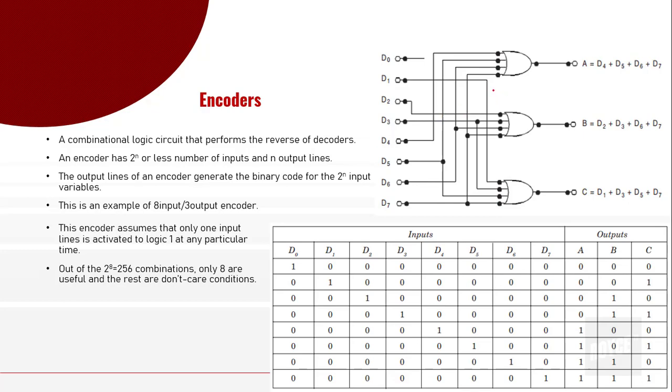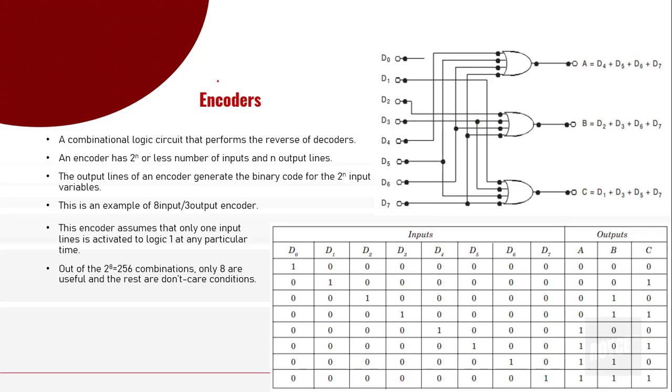This encoder assumes that only one input line is activated to logic 1 at any particular time. You can have encoders that have more than one logic 1 in its input lines. Okay?